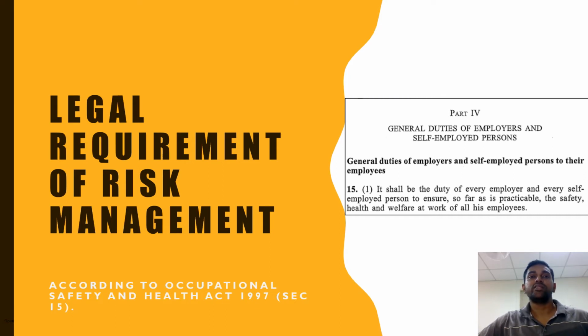So that means we need to ensure there's no accident, no harmful thing in our organization. So how to prevent that? We need to do risk assessment to eliminate the risk before it can hurt someone.